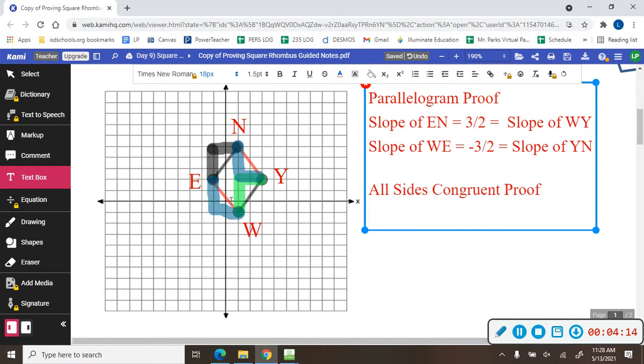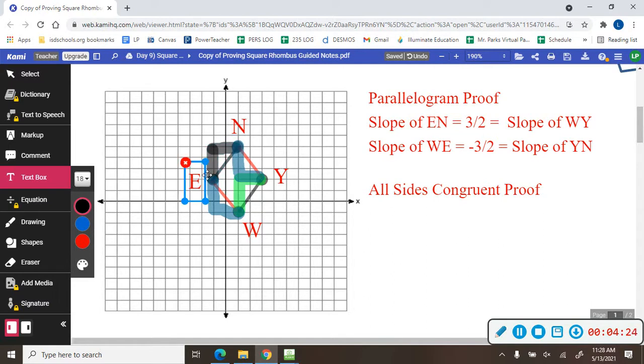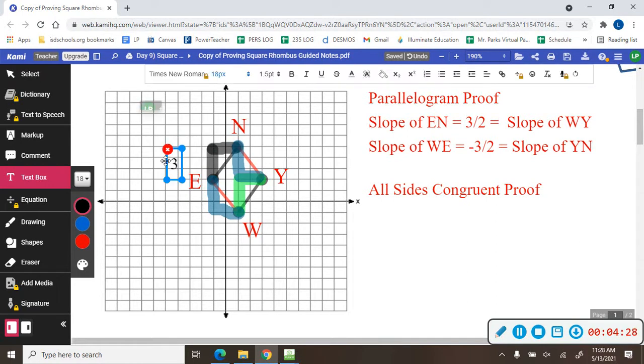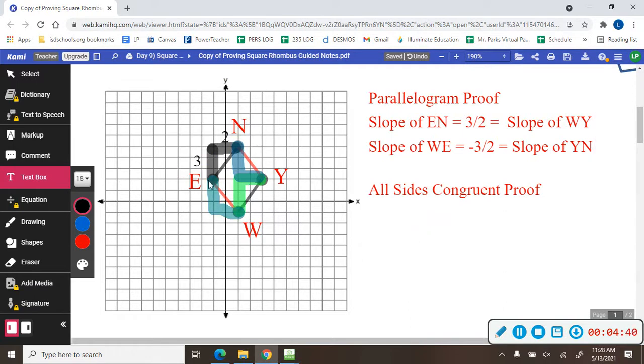This is when we go back to the Pythagorean theorem. We have right triangles here, and we can use that to find the hypotenuse. So from here to here is 3. And then from there to there is 2. And then I can use the Pythagorean theorem to find how far it is from E to N.